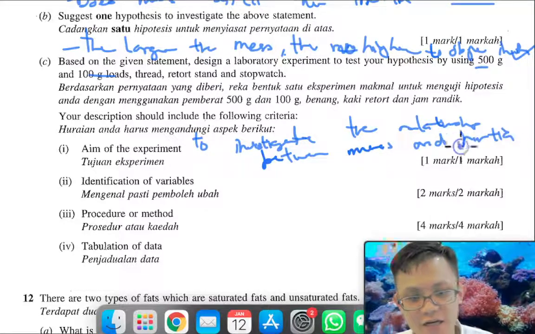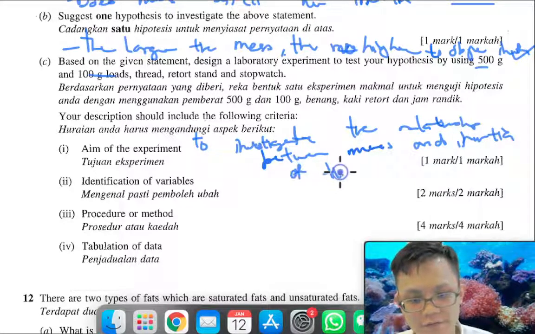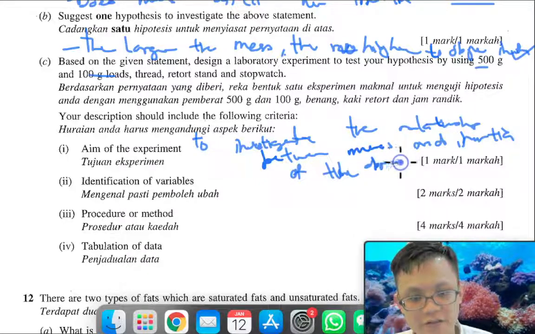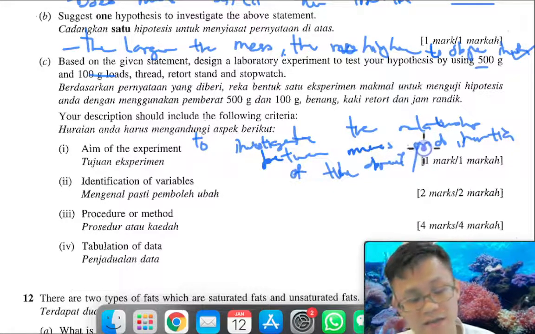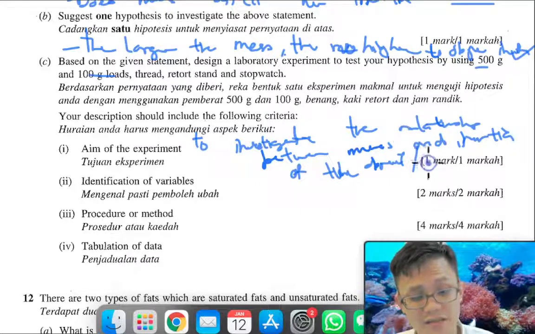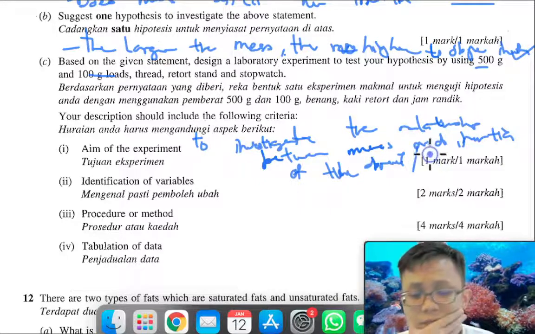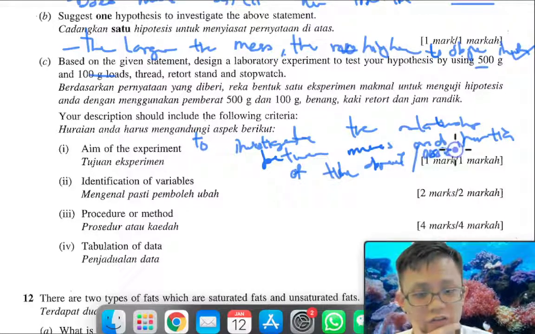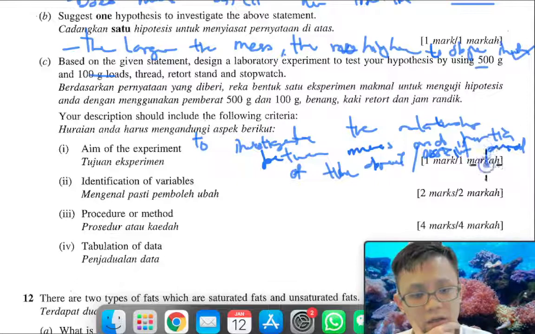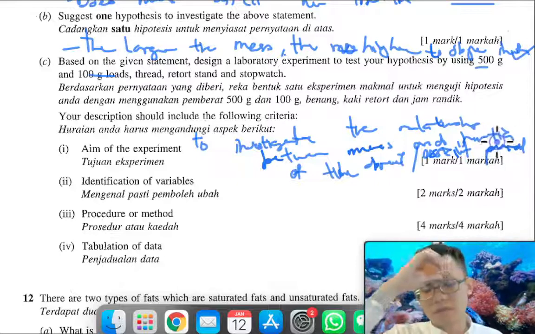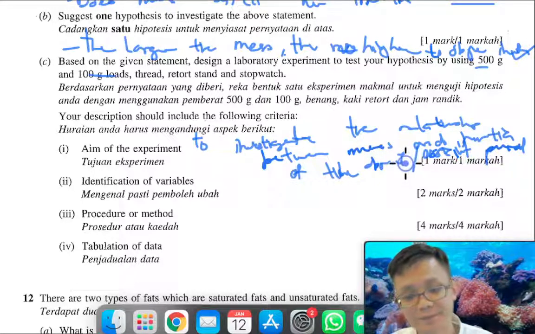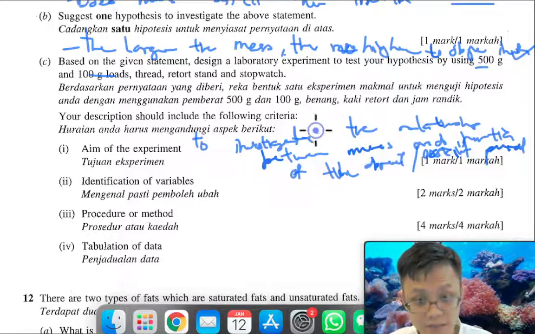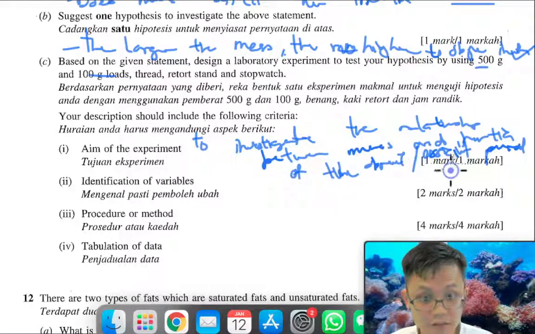Okay, inertia of the object, or you can also say to affect the oscillation period. Both can be correct, but the answer in the book is the oscillation period.